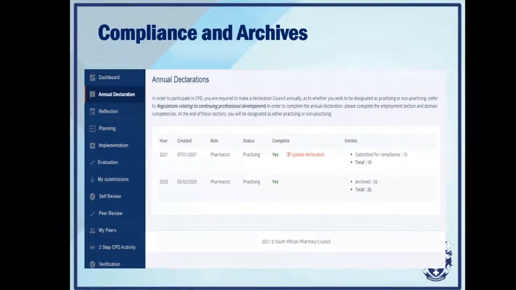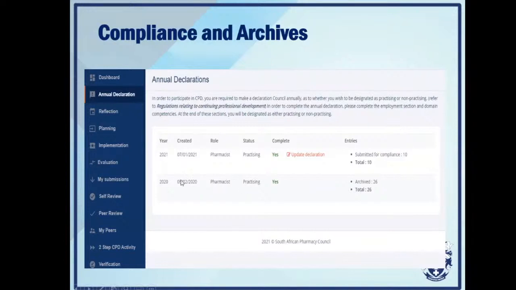Those CPD activities are there under archives, and please do not restore those. You do have allowance to restore if you had archived something in error, but please do not restore your 2020 CPD activities because they do count. It shows you if you are logged in and you go under annual declarations.